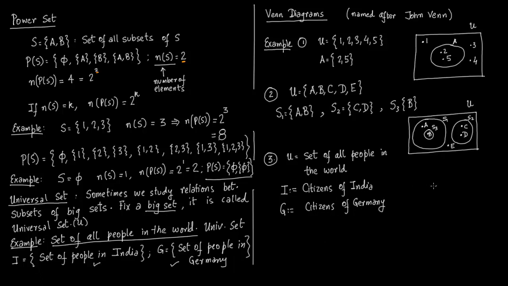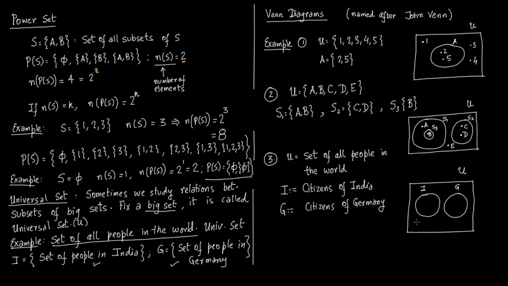Now let us draw this picture of 2 disjoint sets. We have this universal set U, and we have 2 sets in it, I is citizens of India and G is citizens of Germany.